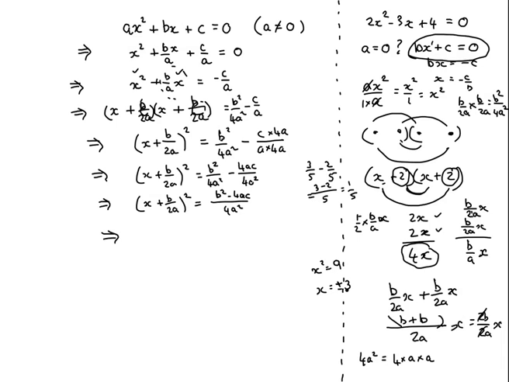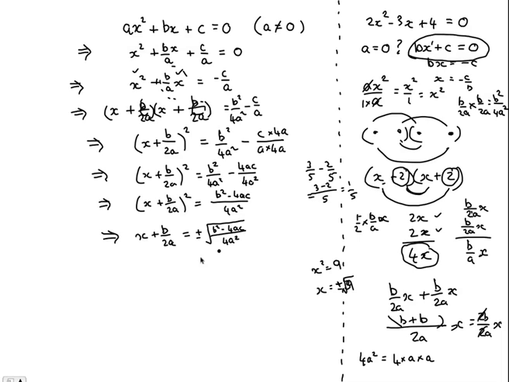So it's plus or minus the square root of 9, 3. So in this case, take the square root of both sides, but allowing the possibility that we have a negative value.